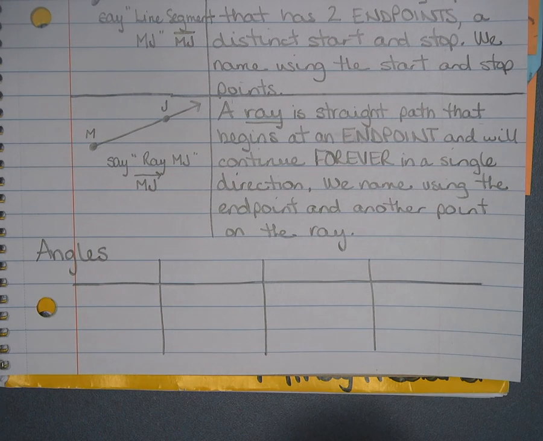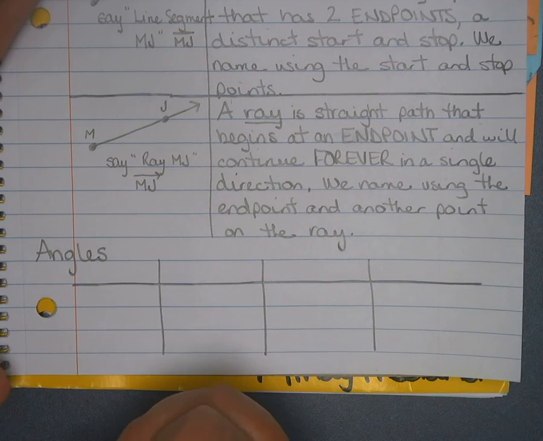Now, the angles that we're discussing, we really could use lines, line segments, or rays to create all 4 of our different types of angles. So I'm going to try to incorporate everything that we talked about above as I draw these various examples. But please know, these are just examples, and they could be drawn using any of those lines, line segments, or rays.